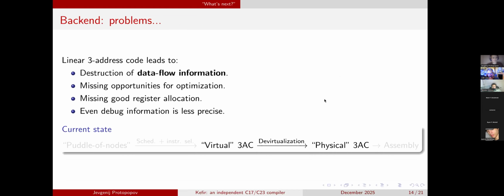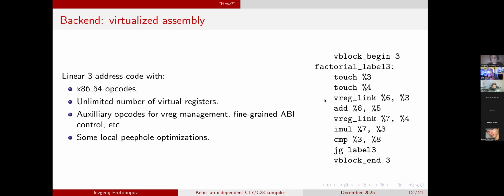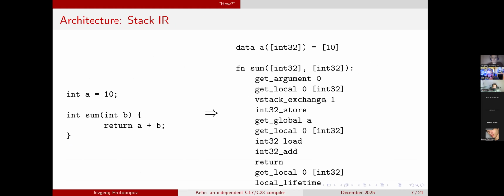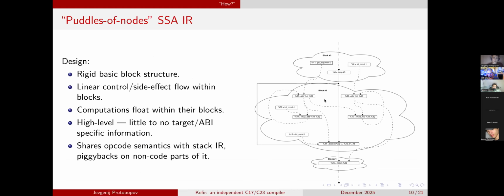If I go back here to the stack-based representation, this one, and the SSA share semantics in terms of the opcodes, except for some special opcodes. Like SSA has PHI, stack representation has stack management, but all the rest is shared. So the construction is quite straightforward.